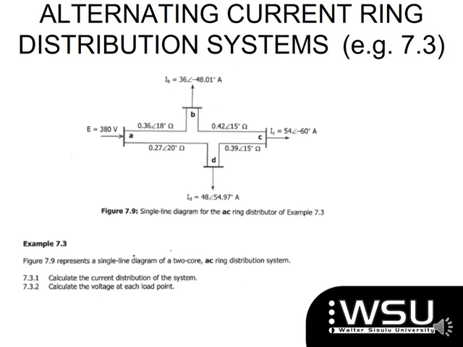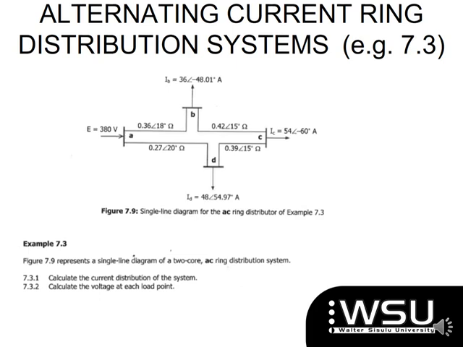And we're asked to calculate the current within our distribution system, that is your AB, your BC, your AD, and your CD. And then also calculate the voltage at each load point.